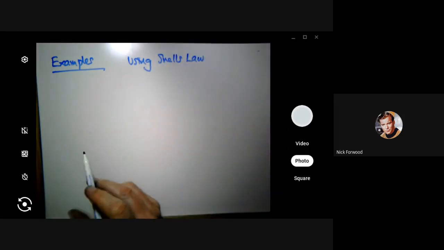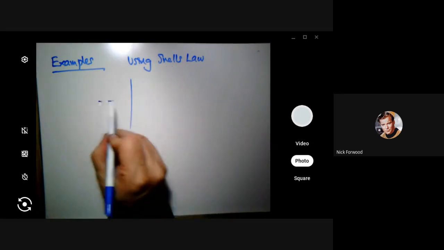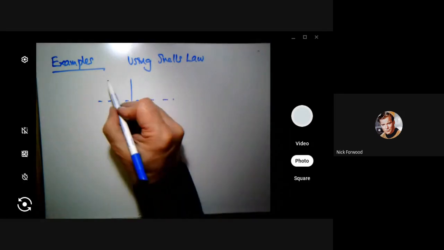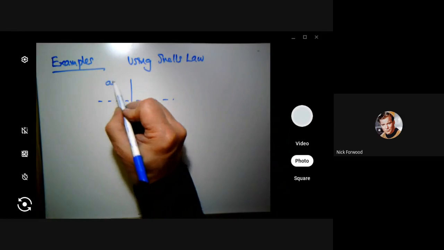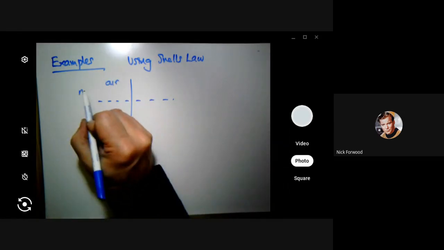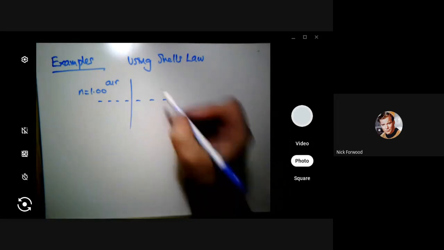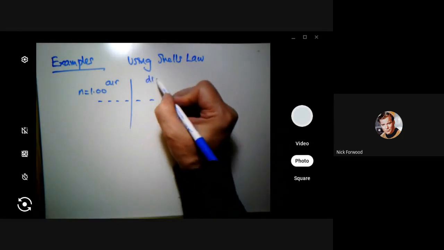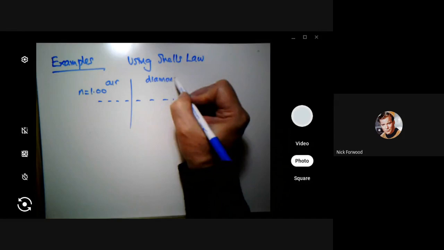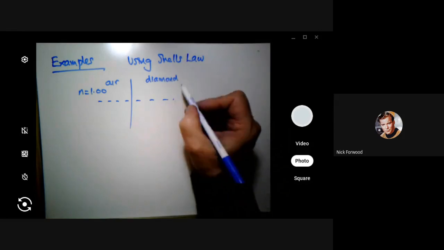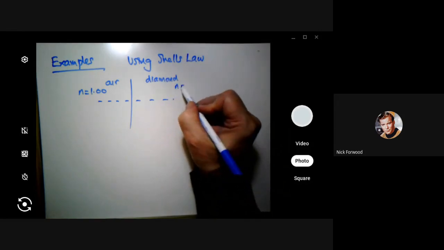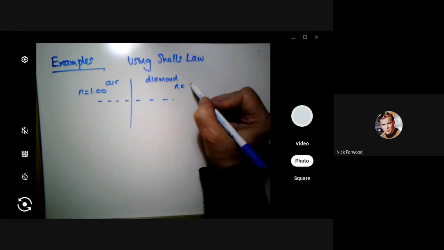And you might get a diagram like this. This is air, and we know air has a value for its refractive index of 1.00. And if you can do this experiment, great. In fact, don't do it. Take the money and run. Sell the diamond. n is equal to 2.42.